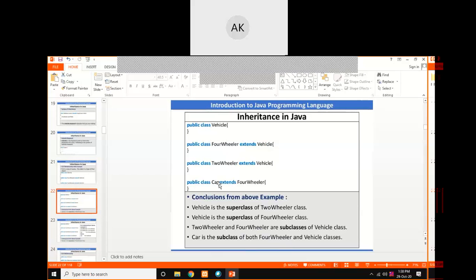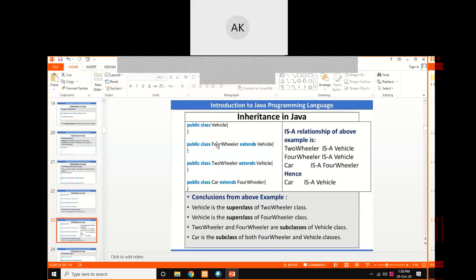And when I'm talking about the relationship between the car and the four-wheeler, we can say that four-wheeler is the parent class, whereas the car is the child class, because car is derived from the four-wheeler. Then the is-a relationship: two-wheeler is a vehicle, four-wheeler is a vehicle, car is a four-wheeler, and hence car is a vehicle. So we can conclude like this. Hope it is clear.